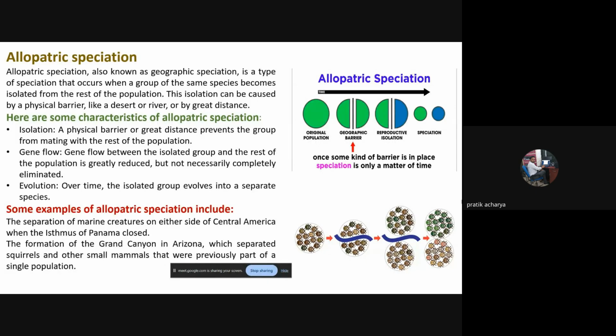It is important, first, for the formation of new species, and second, for increasing diversity, species diversity.